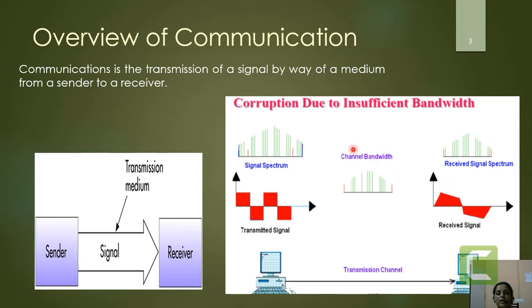That means when this transmitted signal was loaded on the channel, it got corrupted, and because of that information loss has happened.